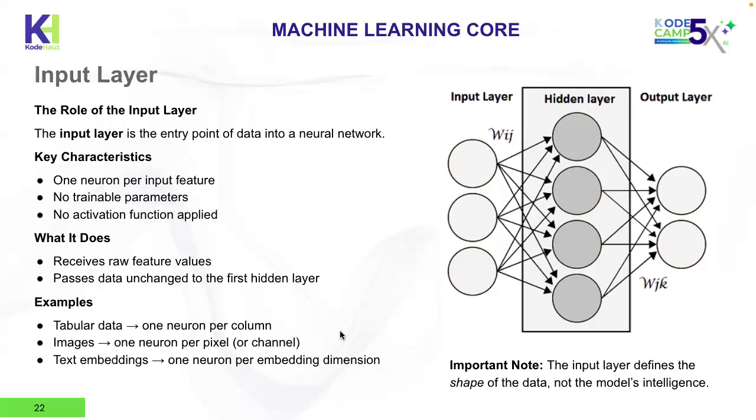Or 1 neuron per channel, right? Because if it is a monochrome image, then 1 neuron per pixel will work. But if it is a colored image, each pixel actually has 4 values, RGB and the alpha. So the RGBA, alpha is the transparency. The RGBA becomes a single vector, which we call a channel. And then if it is text embedding, we could say, okay, 1 neuron per embedding dimension.